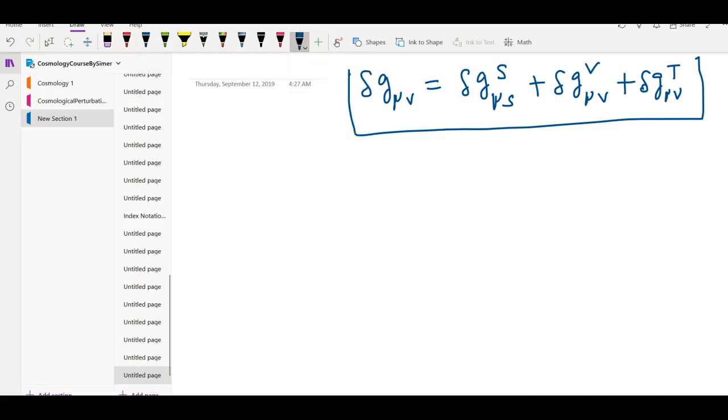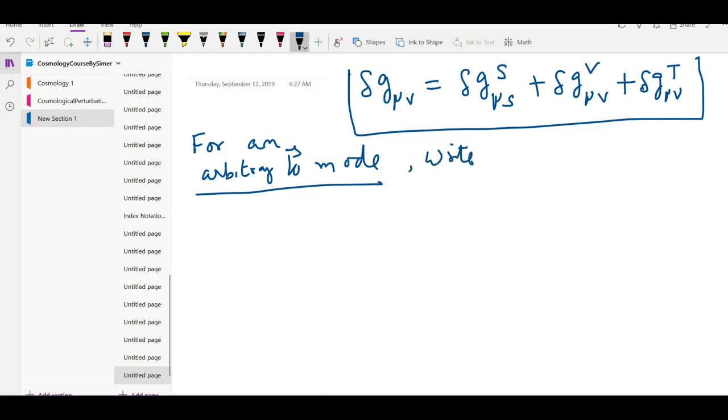We will look at all the perturbations in the Fourier space, and we will look at one arbitrary k mode. So for any arbitrary k mode, let us write delta g_mu nu.